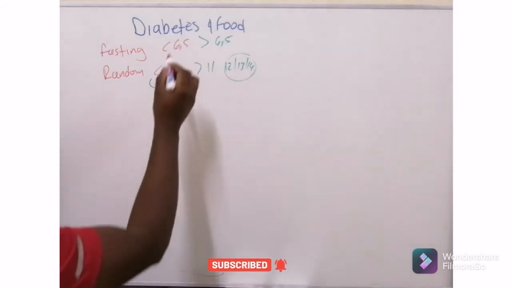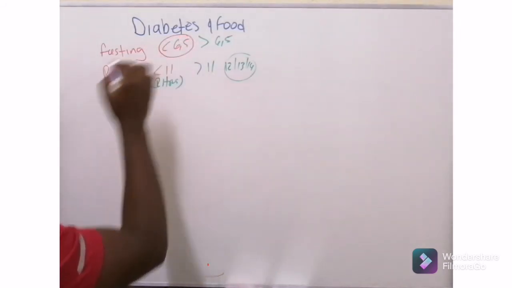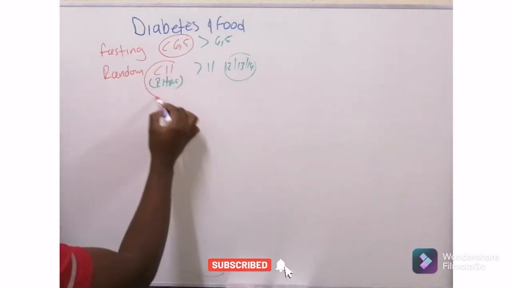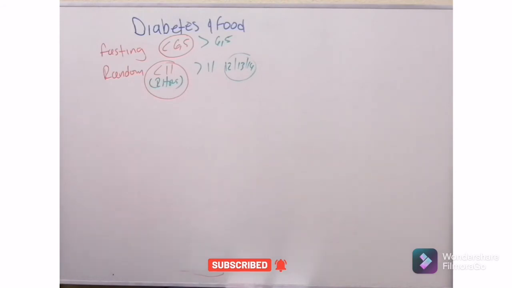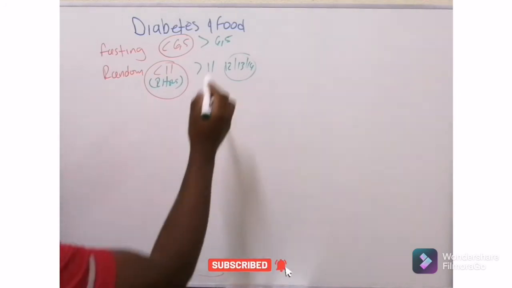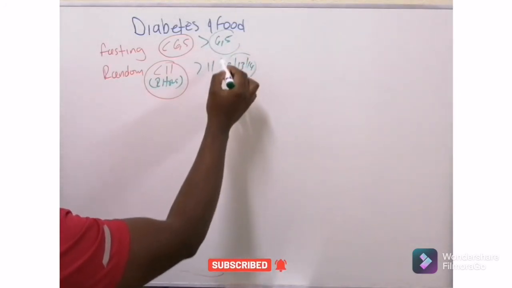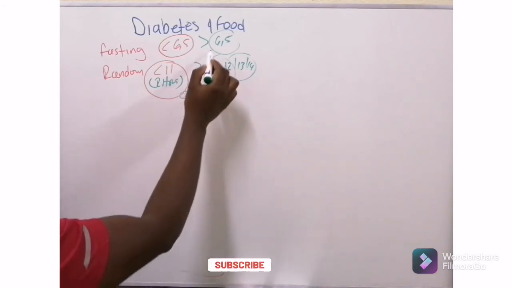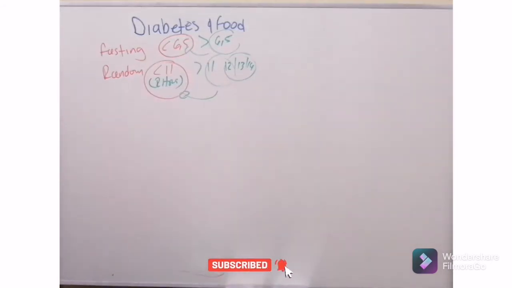So this blood sugar is for a normal person when they've not eaten. This blood sugar is for a normal person when they have eaten. Someone who is diabetic, who's on this side, when you give them treatment, you want to bring them back to this. That's why you give them treatment.